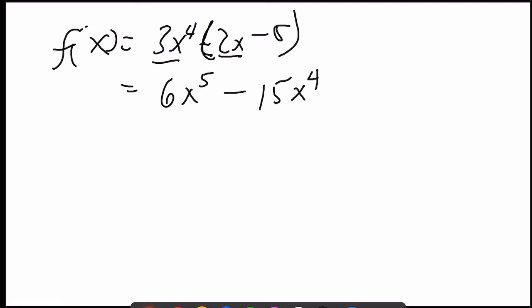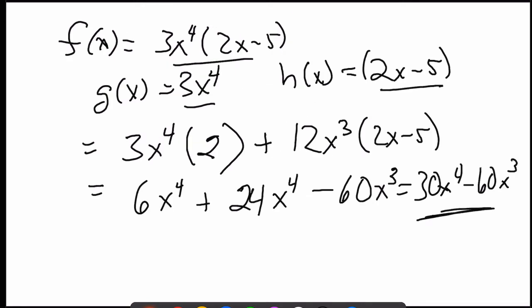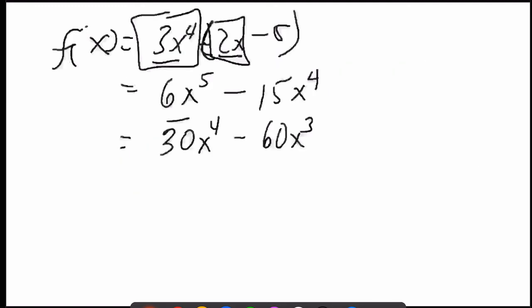Do we all get that? 2x times 3x to the 4th is that, and 3x to the 4th times minus 5 is 15x to the 4th. Take the derivative of that, and we get 30x to the 4th minus 60x cubed, which is exactly what we got over here. Is that not exciting?